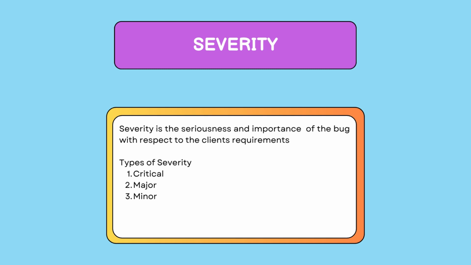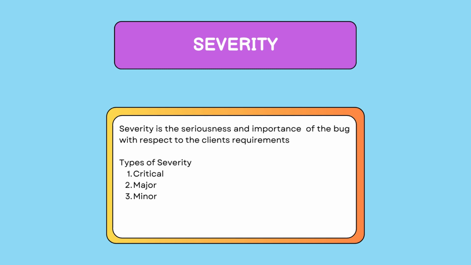If your feature is breaking totally, then its severity will be critical, because your feature is not working at all. That means the severity of that bug is critical. Suppose your feature is working but it's giving undesirable outcomes, then its severity would be major, because your feature is working but not giving the desirable output.